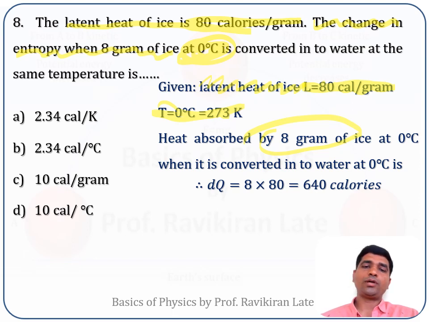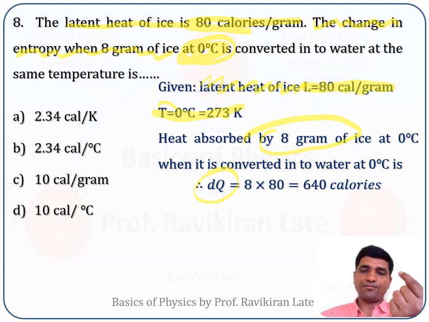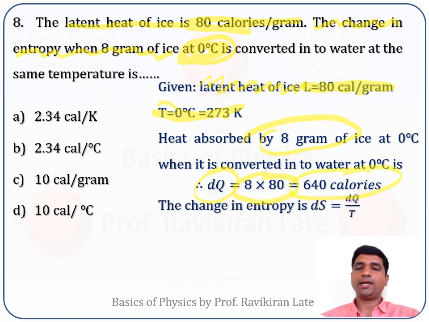So if I want to calculate the total heat required for the ice to convert from the solid phase to the liquid phase, if I am requiring 80 calories for 1 gram, for 8 grams I will be requiring 8 into 80 calories, that is nothing but 640 calories. So dQ, the total heat given to the system, is 640 calories.